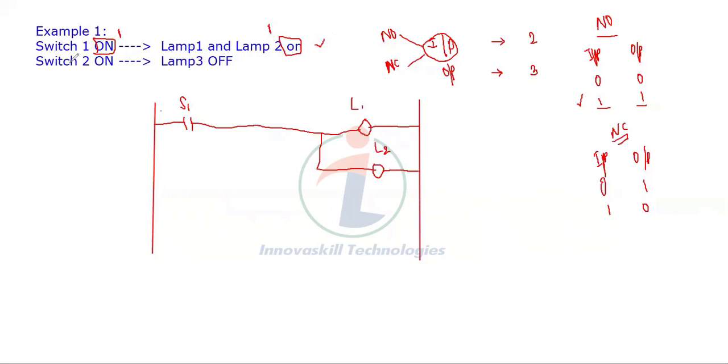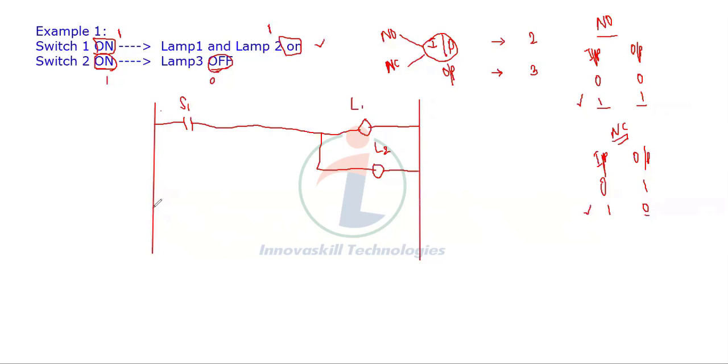The next condition is, if switch 2 is on, lamp 3 should be off. So here the condition is, if input is on, output is deactivated. If input is on, output is off here. The logic is reversed here. The condition which satisfies this is NC, because here only, if input is on, output is off.